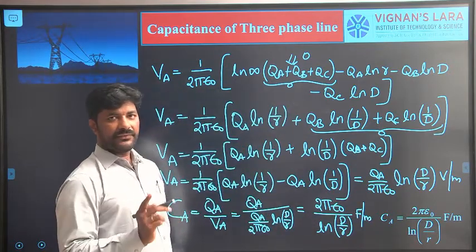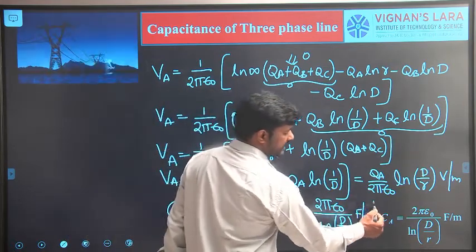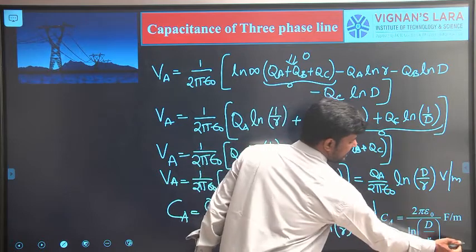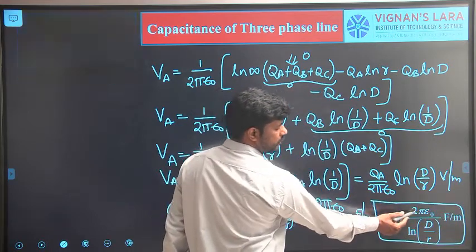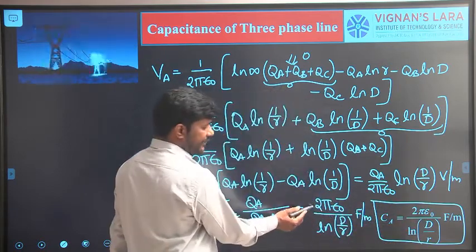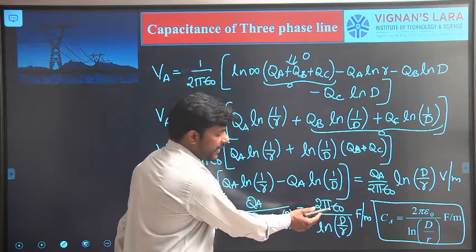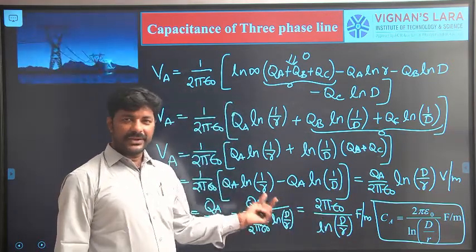For your reference, I brought the formula from the textbook reference. From the textbook, after the derivation we should get this formula: Ca is equal to 2 pi epsilon naught divided by ln of d by r. In our derivation also, what did we get? 2 pi epsilon naught divided by ln of d by r, which is similar to our single phase line.